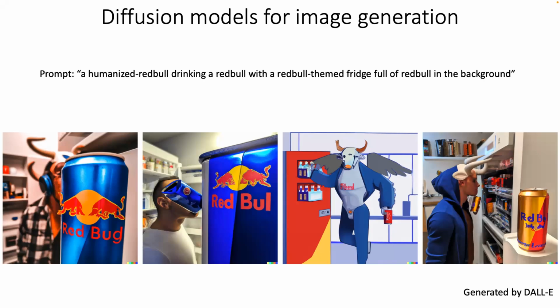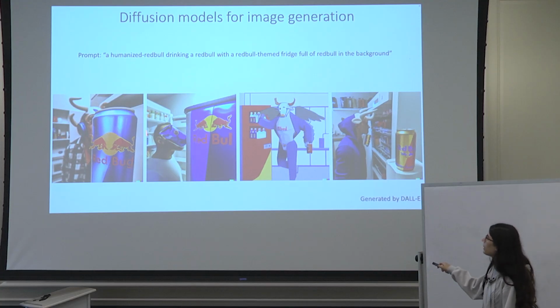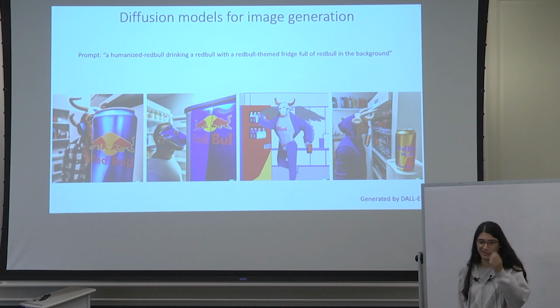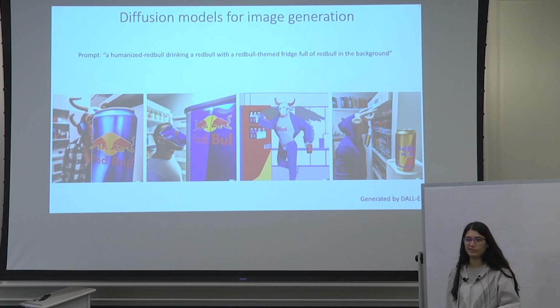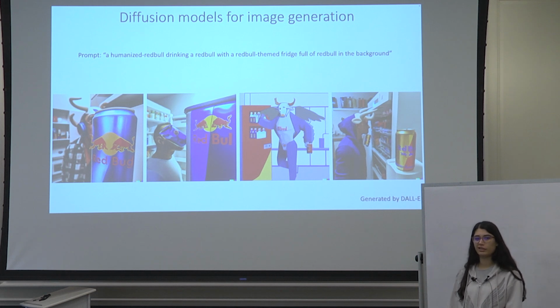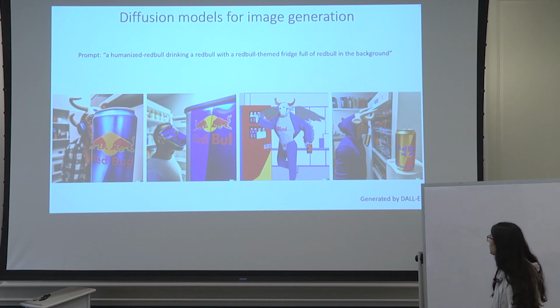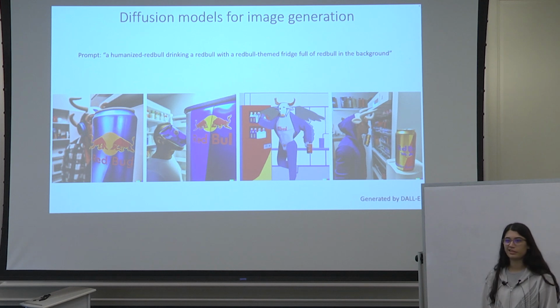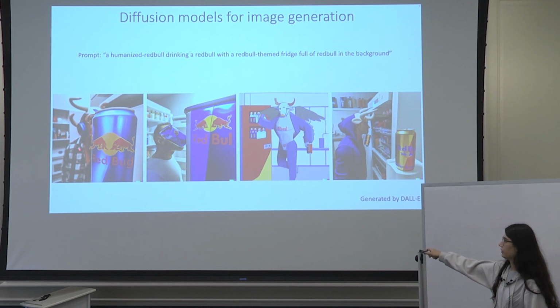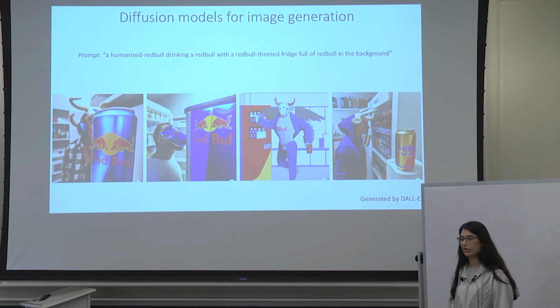I promise this is not an advertisement by any means. In here, I think the idea was that this being is drinking the Red Bull, but it's too close to the face, right? It doesn't quite look like drinking. What else? Any other noticeable problems? Yeah, so the logo is not necessarily one with the can, which is a little interesting.